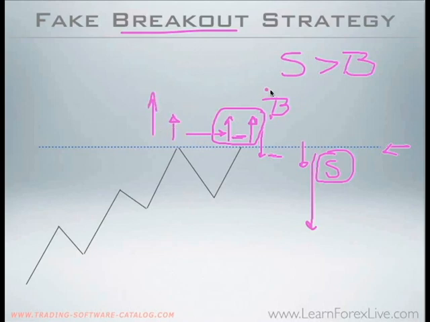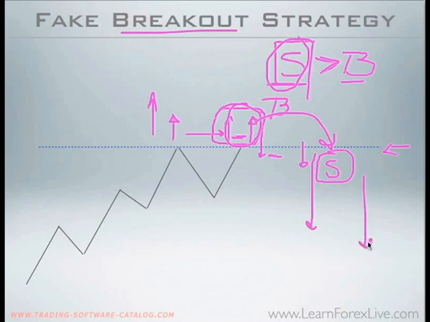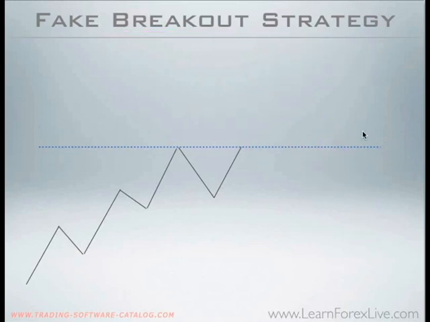However, what happens when the offer, the selling pressure, the offer for the euro American dollar lots, is higher than the buying pressure, because we are all switching our buying pressure into selling pressure? What happens when the offer is higher than the demand? Price goes down. Price accelerates in the opposite direction. That's exactly what's happening here. That's the market nature of the fake breakout strategy.